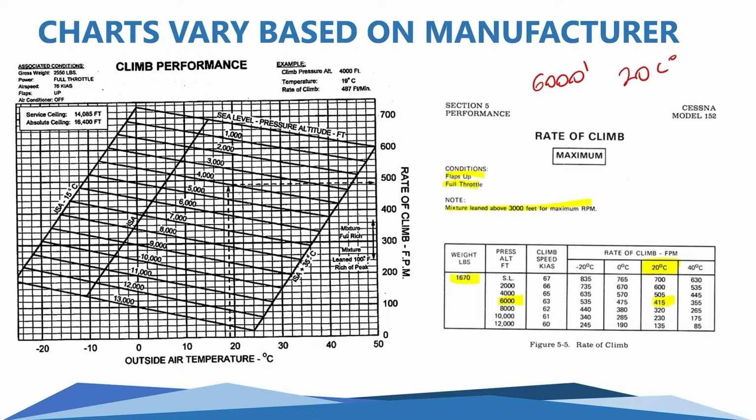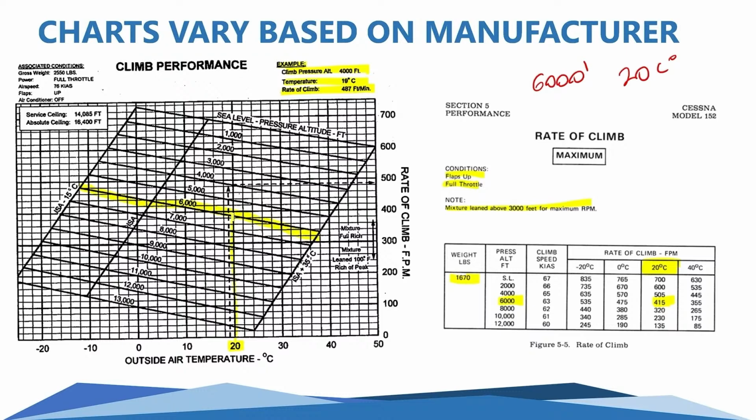We look at Piper, on the other hand, there's always going to be an example problem, and here is the example problem up here. That's what this dashed line is showing you, the example information, how to figure it out. For us, we're going to do the exact same thing. I'm going to look at 20 degrees, which is my outside air temperature, and I am going to 6,000 feet. Very simply, this line right here represents 6,000 feet, so I'm going to follow this one up.